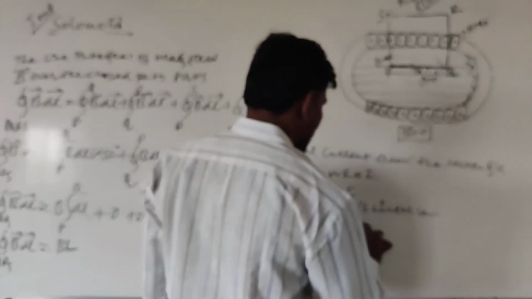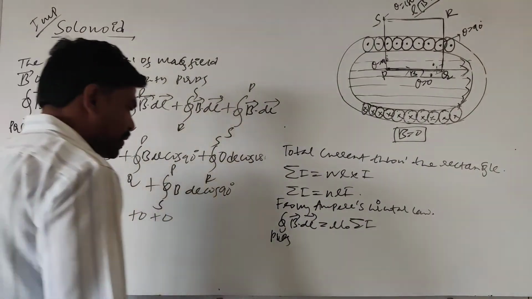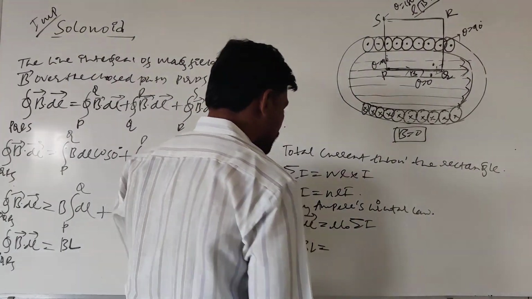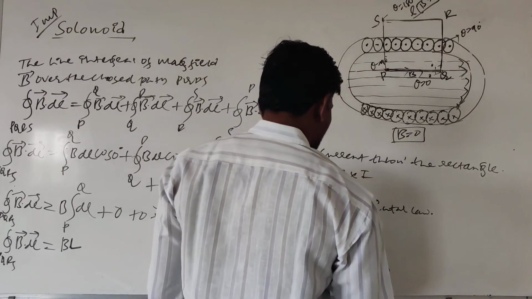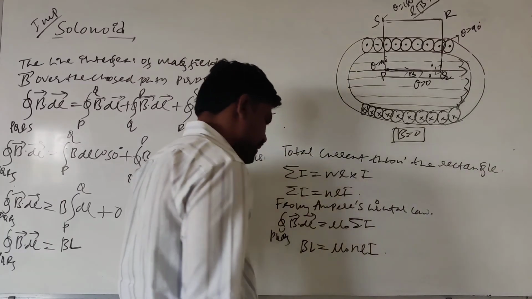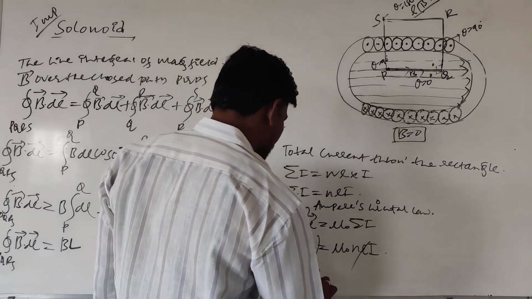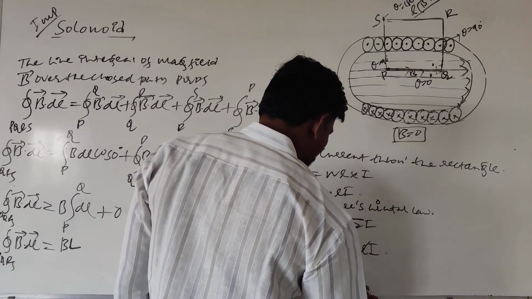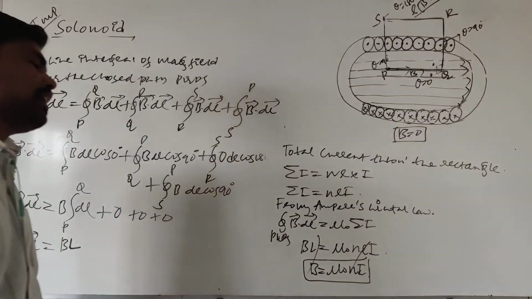See, the closed integral of B dot dl over PQRS is equal to mu naught times I, where I need the total current. So B L is equal to mu naught times the summation of I, which is n L I. Then L I cancel. So B is equal to mu naught n I, right?